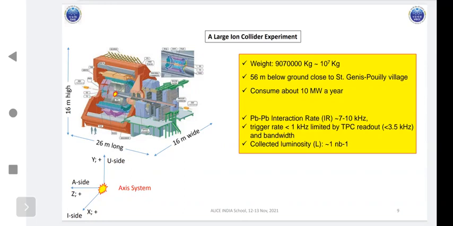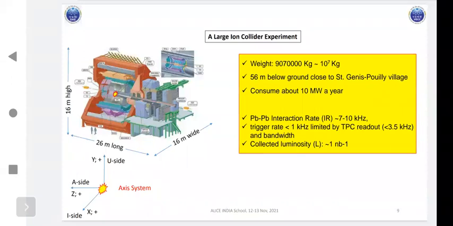I have taken it out at the bottom and tried to sketch the different axes. So the Z axis is the axis along the beam. Two beams are colliding, and this beam path is itself the Z axis.